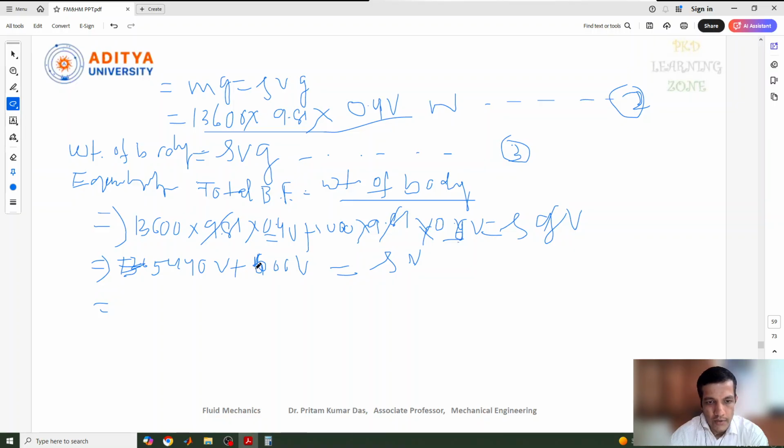So that means 600 V. If you add both the things, we will get 6040 V equal to rho V.